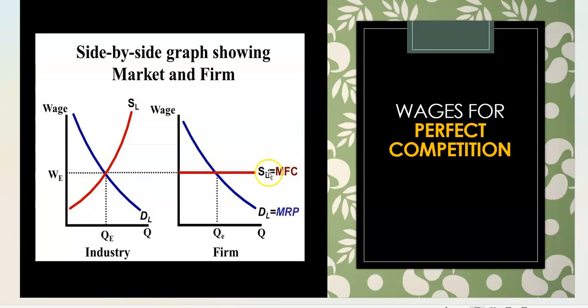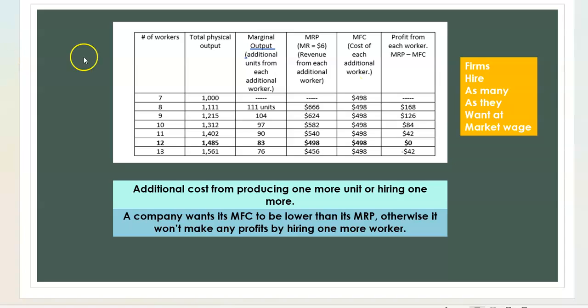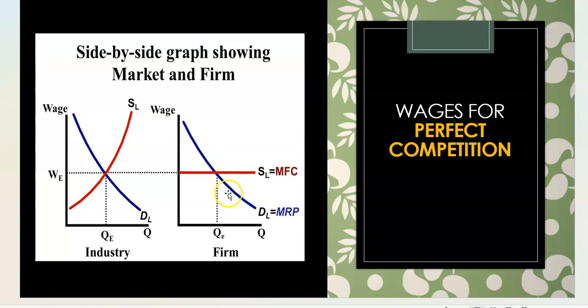Because the supply is perfectly elastic, you are looking at a horizontal supply curve and it overlaps with the marginal factor cost. Because every time you hire an employee, see back here? Every time you hire an employee, it's the same exact wage. It's always the same exact wage, whether you have 7 or whether you have 13. And this could be indefinite. Therefore, it's going to look just like this.